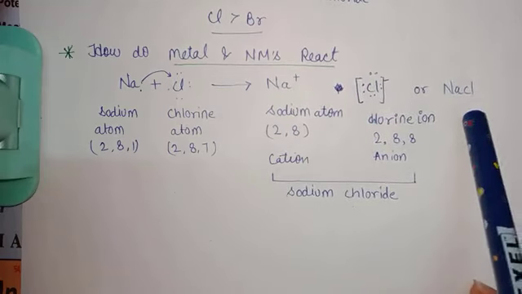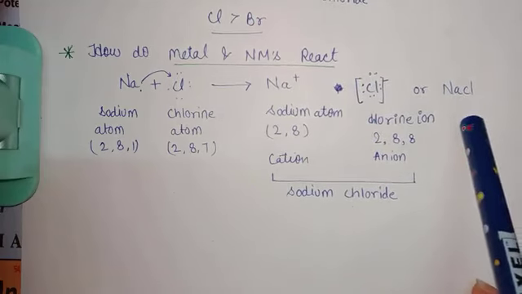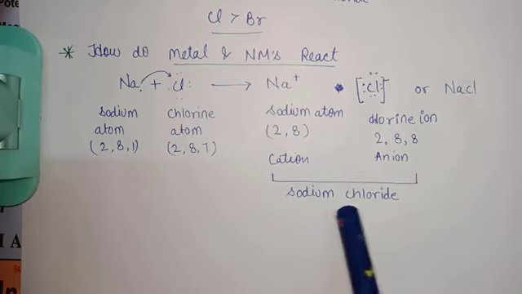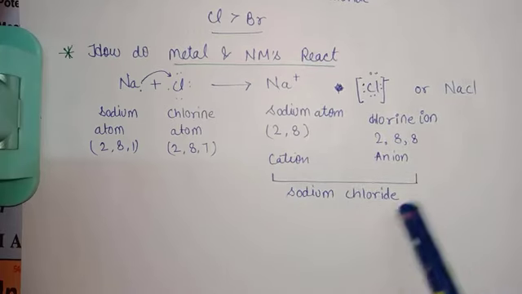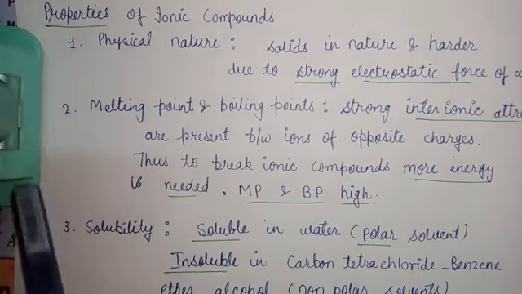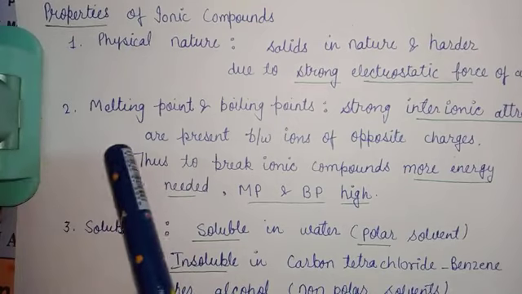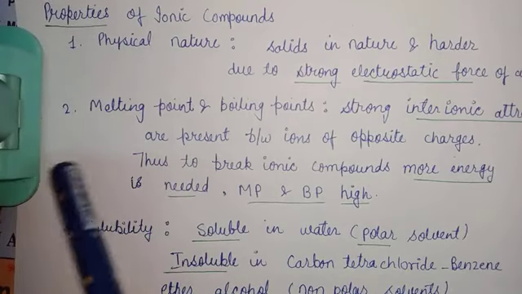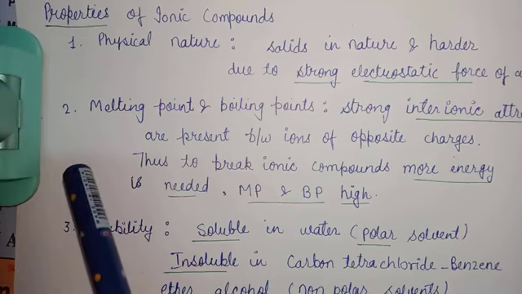Sodium chloride is harder in property and solid in nature. So we can say that Na and Cl became NaCl, sodium chloride, with the bond of ionic bond.